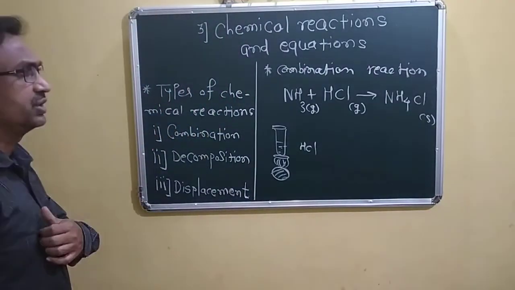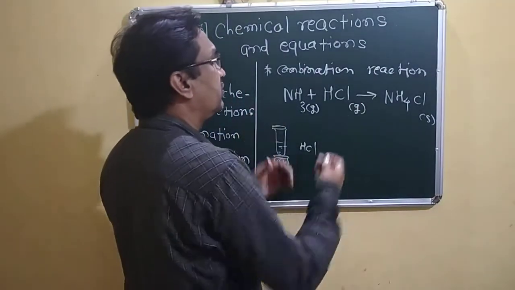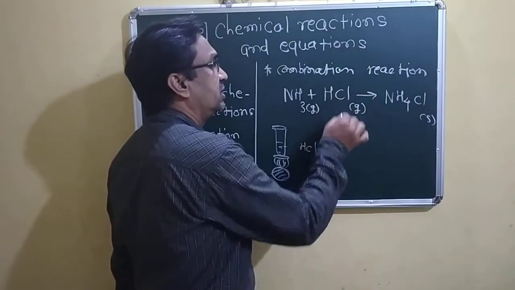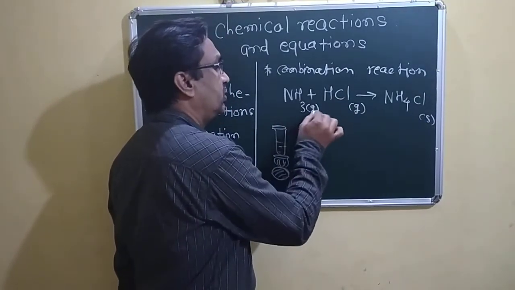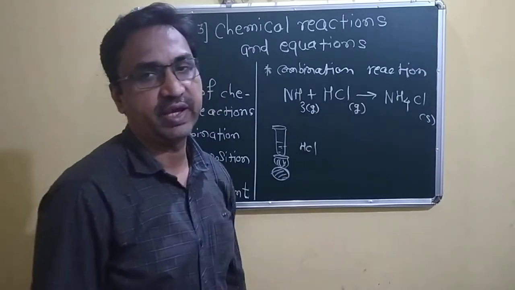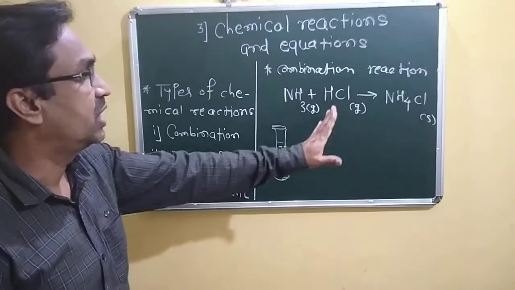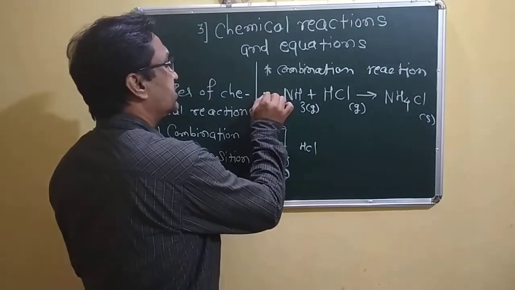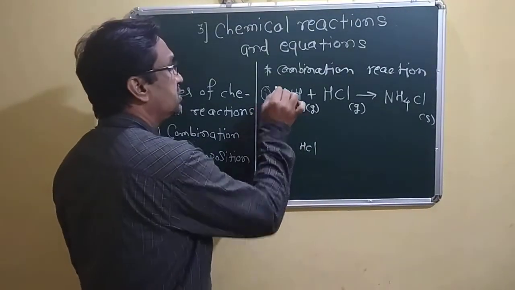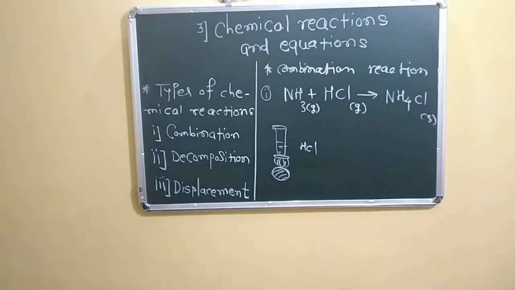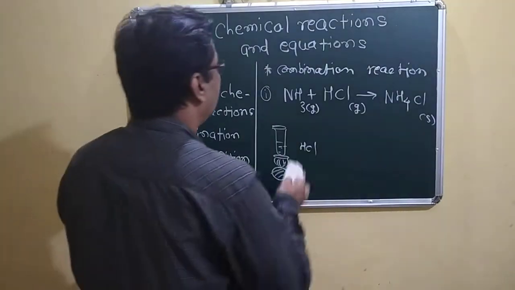So a combination reaction is the combining of 2 different reactants. One is ammonia gas and the other is hydrogen chloride gas. Both these gases react with each other to form ammonium chloride. This is the first reaction mentioned in our textbook.